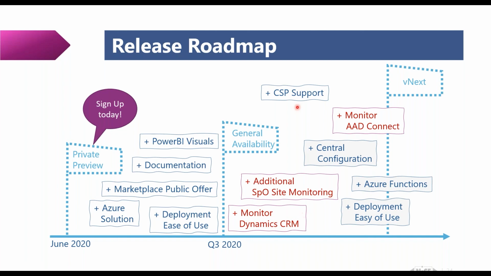There's an additional CSP, cloud service provider, support to allow many different tenants to easily configure and onboard and offboard. Central configuration, so if you're using the distributed deployment approach, you can configure that more easily from a central perspective. A new function around Azure AD Connect, and there are some other developments planned here as well.